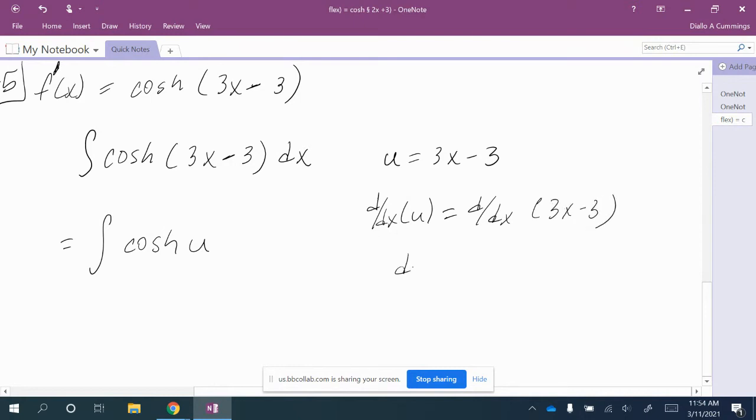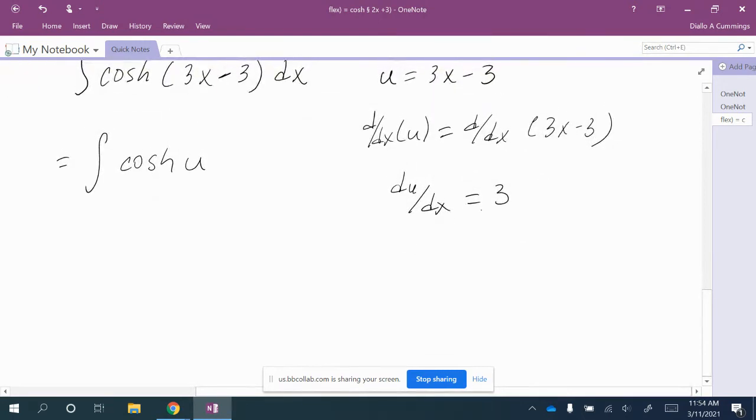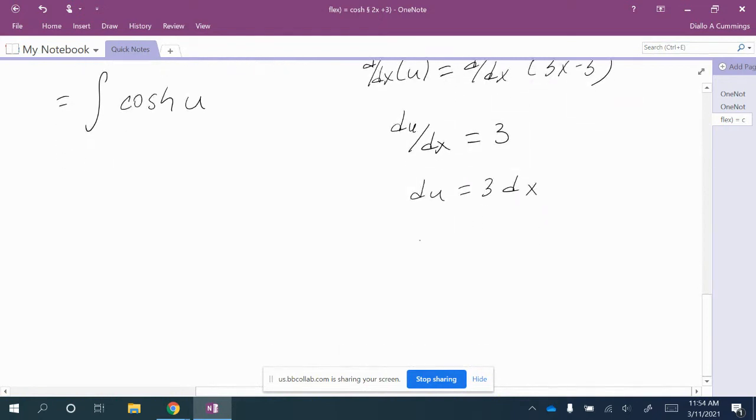On the left-hand side, I have du dx. The derivative of 3x minus 3 is 3. And now I'm simply going to solve this for dx. I'm going to multiply both sides by dx, divide both sides by 3. So I have 1/3 du is equal to dx.